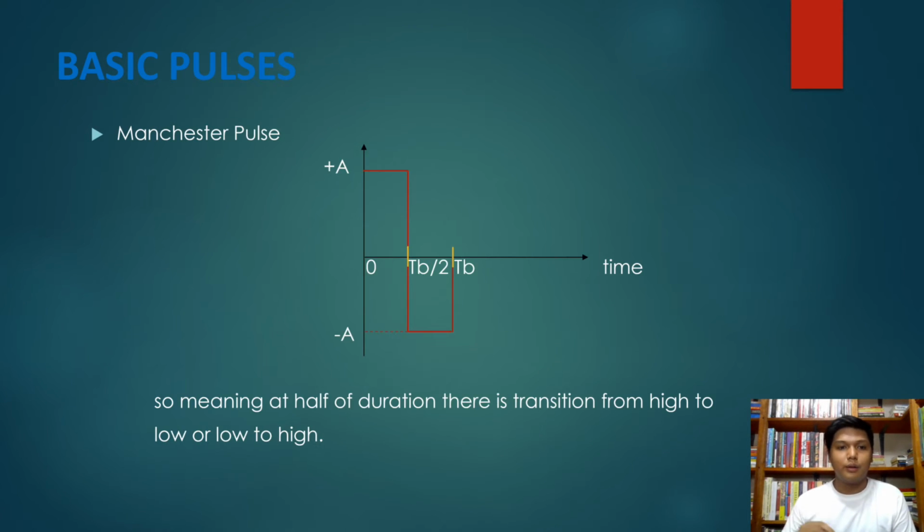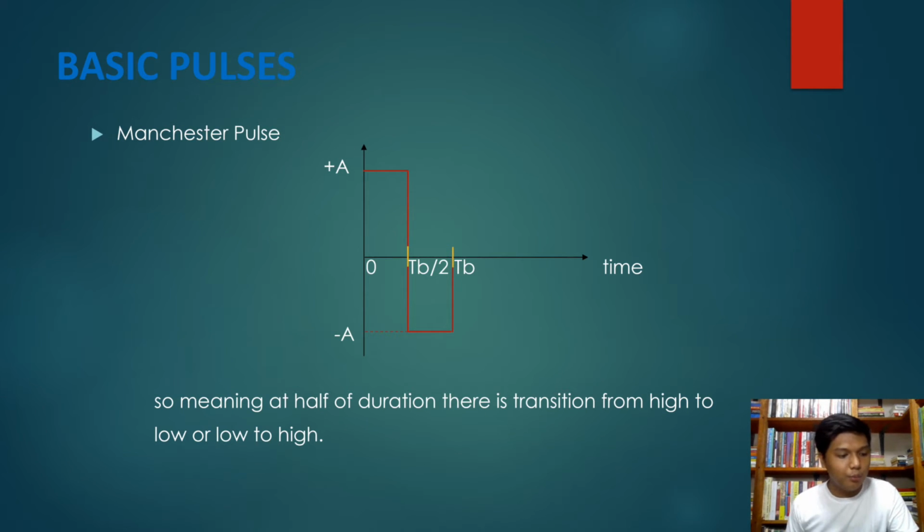Third, the Manchester pulse. At half of the duration, there is a transition from high to low, or low to high. If we have bit duration TB, then half the bit duration is TB over 2.